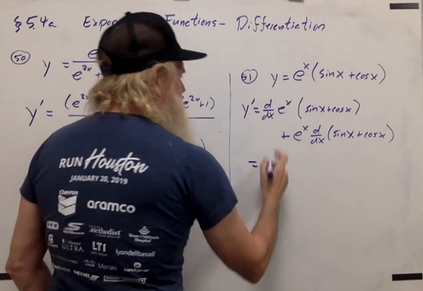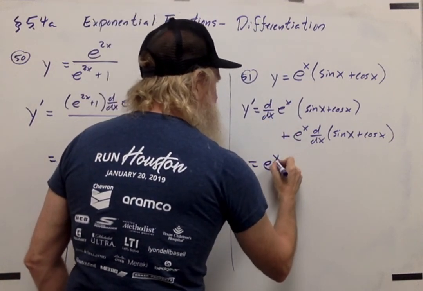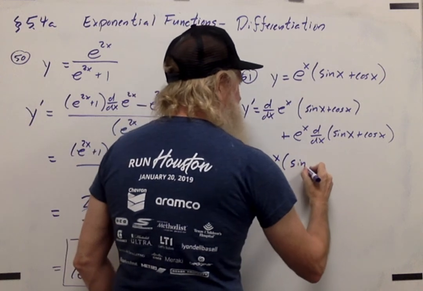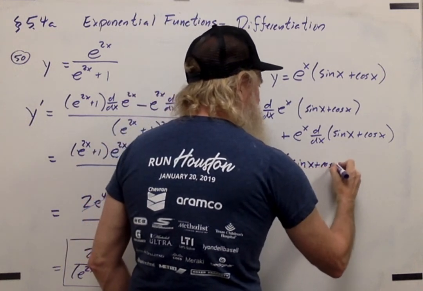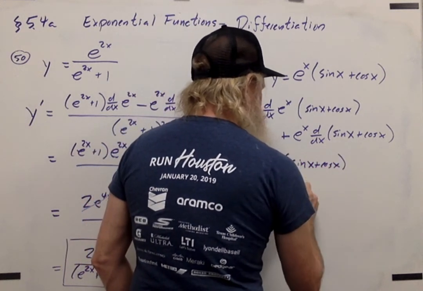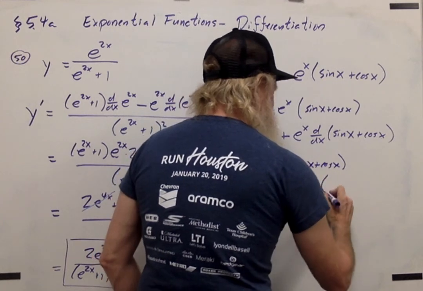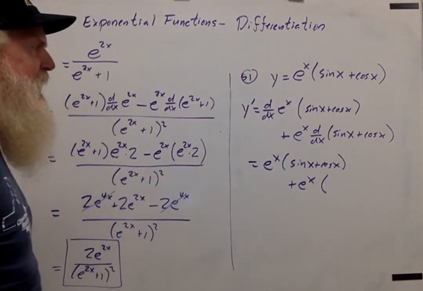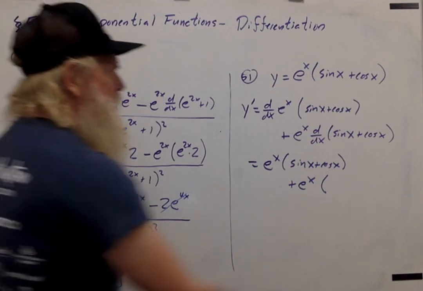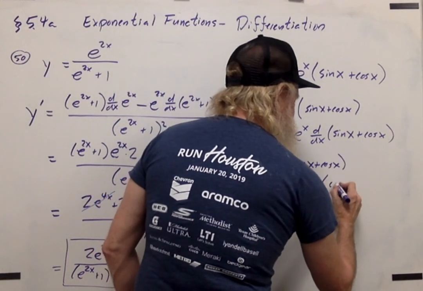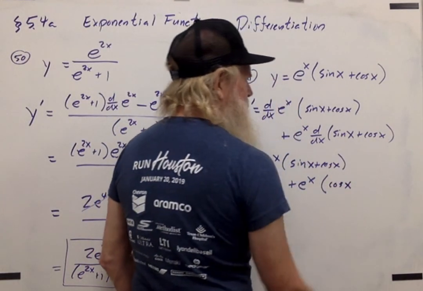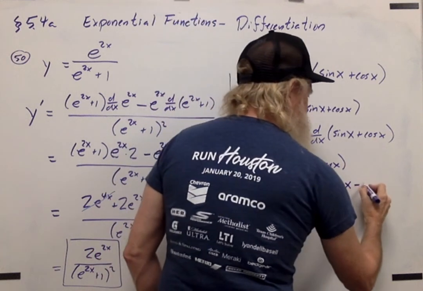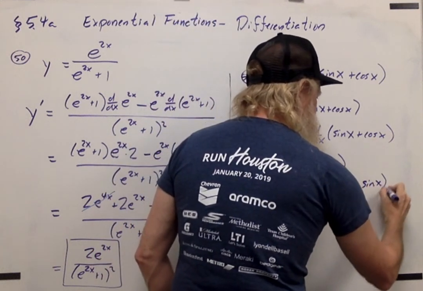The derivative of e to the x is e to the x. And I'll bring down the sine x plus cosine x, plus e to the x times the derivative of sine x plus cosine x. The derivative of sine x is cosine x, and the derivative of cosine x is negative sine x.